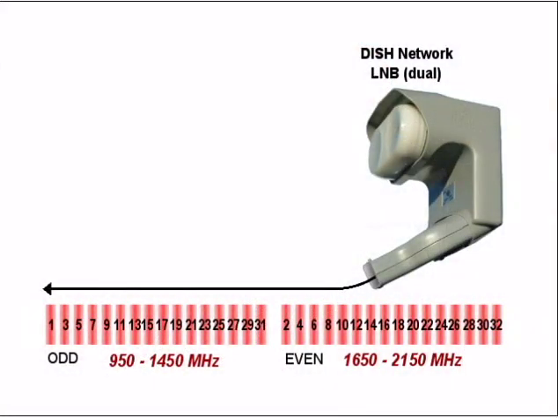A voltage change is not used to select between odd and even channels. Instead, the LNBs output both even and odd channels at the same time on one cable, by outputting odd channels between 950 and 1450 MHz and even channels between 1650 and 2150 MHz.